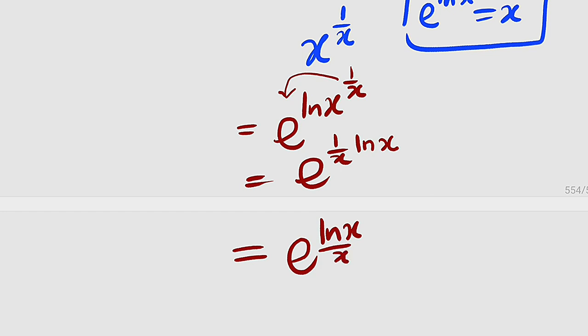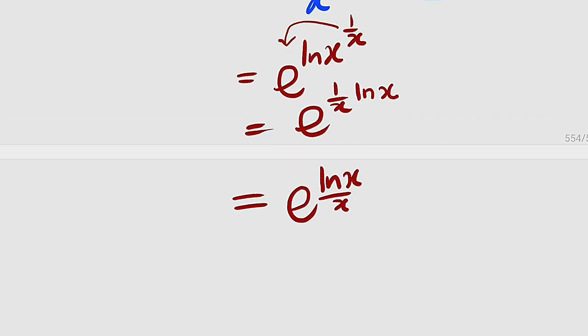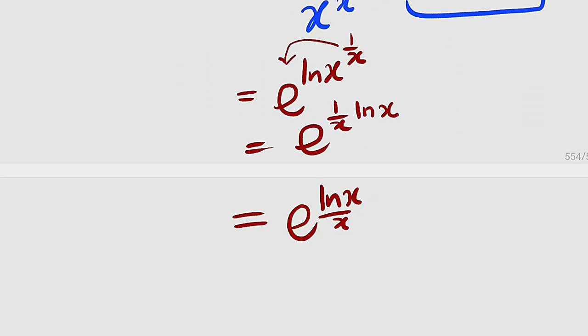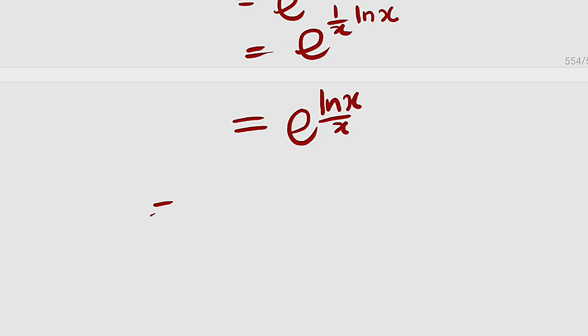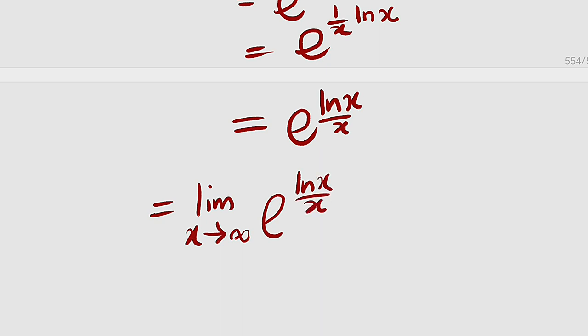So now let me bring back my limit. Remember, we want to take the limit as x approaches infinity. So this is the same thing as saying the limit as x approaches infinity of this function e to the natural log of x divided by x.